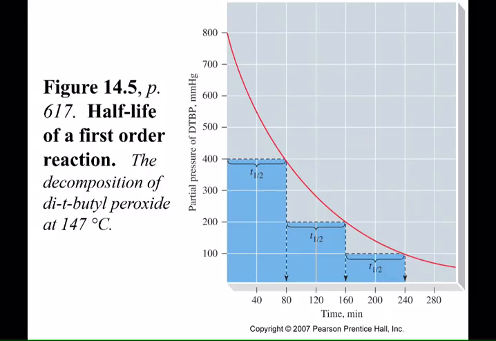How would you compare the first half-life versus this time versus this time? They're equal. And that's just a cool thing about first order reaction kinetics. So it takes the same amount of time to use up half of what you got in a certain time. I think that is so cool. It's mind-boggling to me.